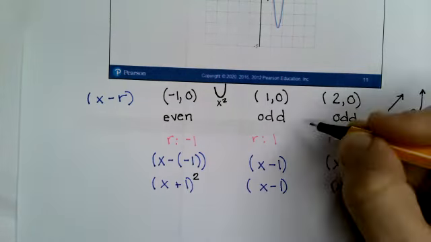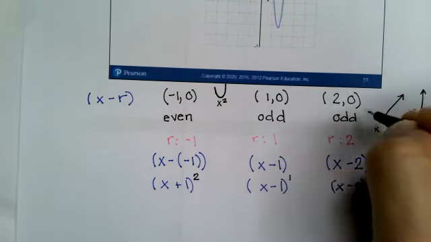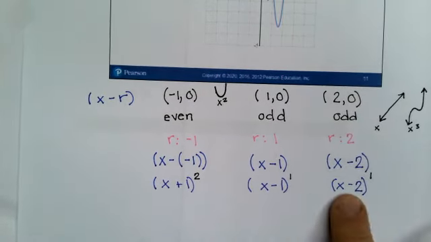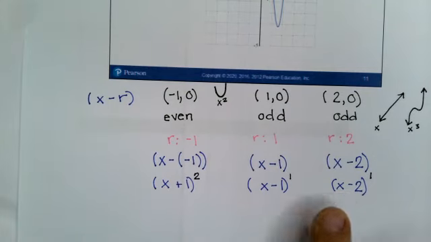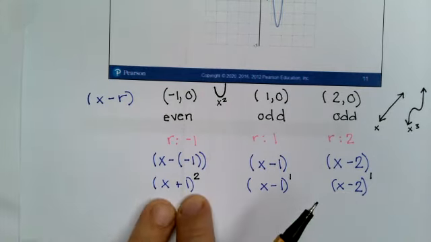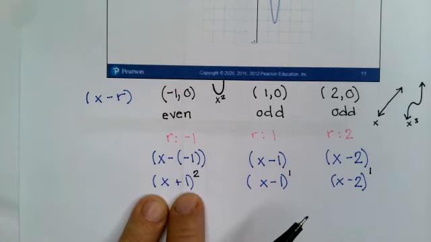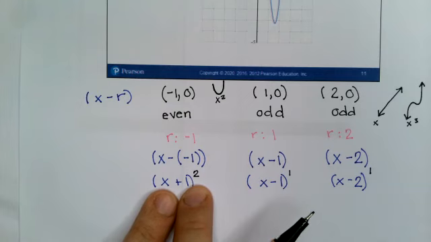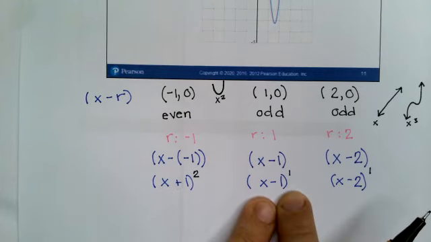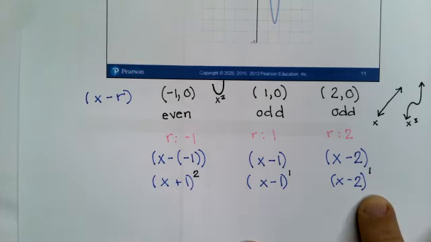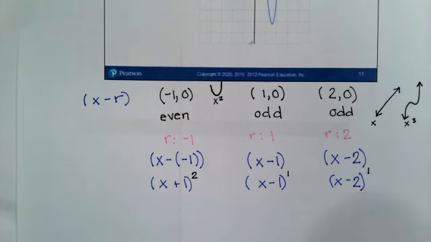It's a 2. What's our smallest odd exponent? It's a 1. So we're trying to make the smallest degree possible. So we're going to call this multiplicity 2 because it's the smallest even number. This multiplicity 1 because it's the smallest odd number. This multiplicity is also 1.